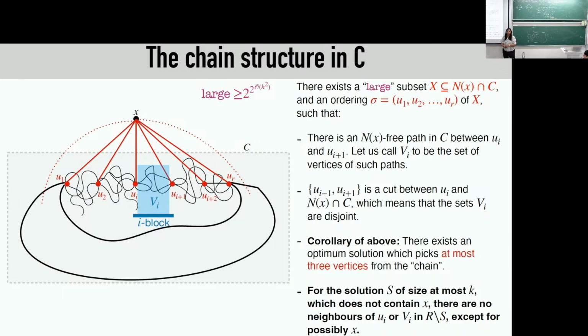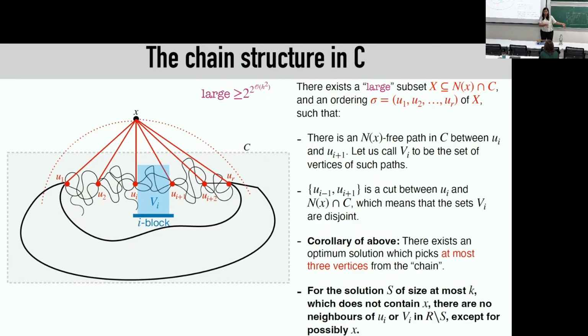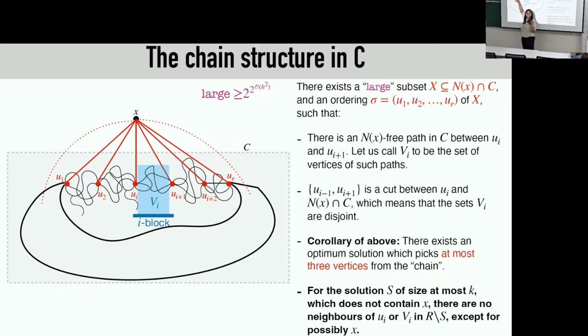Remember, we wanted to do degree reduction. We would have deleted some edges, and we got a solution of the reduced graph, and we wanted to see why this solution is not a solution of my original graph. What one can show is that one can find a very large chain such that if I remove some solution of size at most k, after removing it, this chain is pretty isolated.